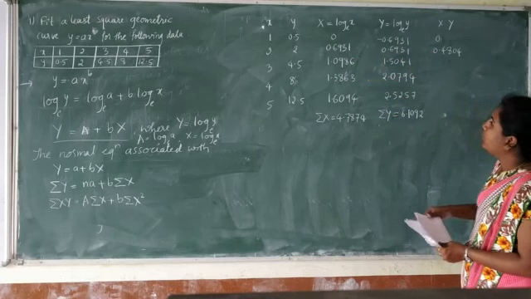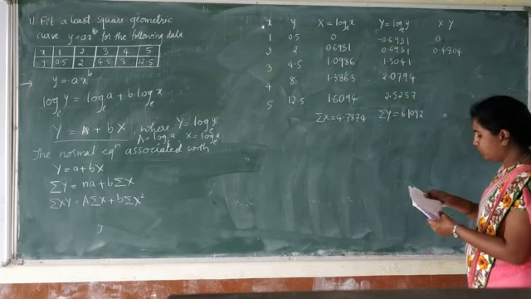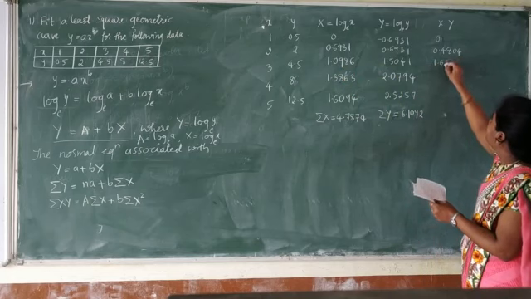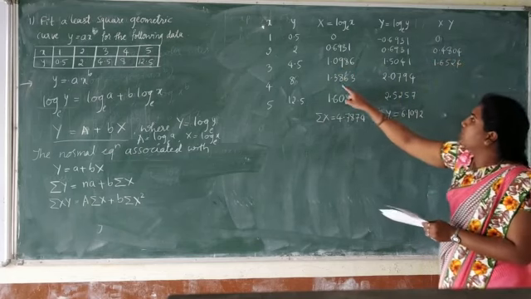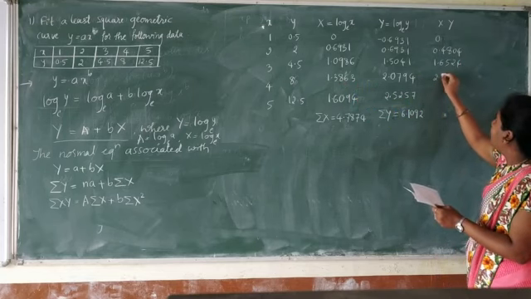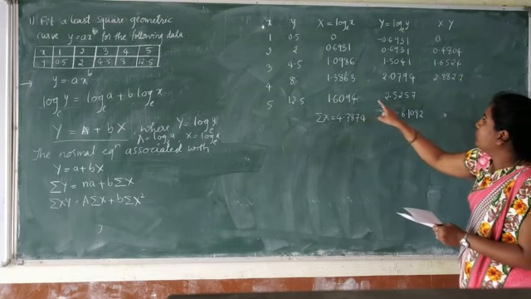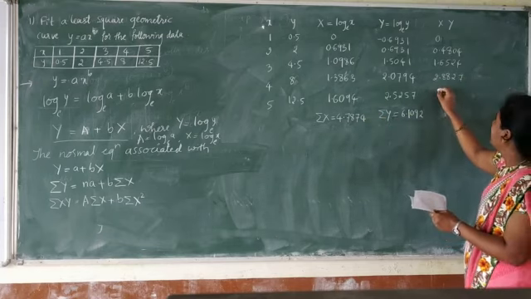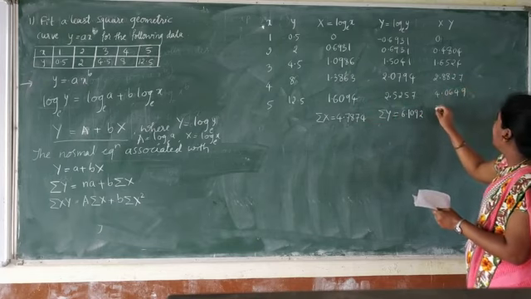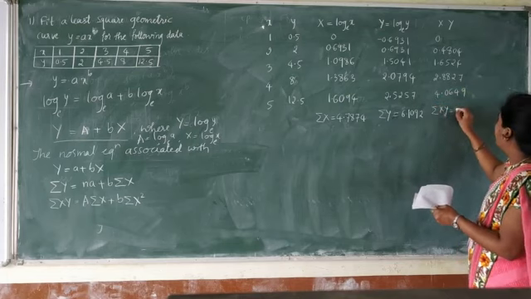Next, 1.0986 into 1.5041, here we are getting 1.6524. Next, 1.3863 into 2.0794, here we are getting 2.8827. Next, 1.6094 into 2.5257, here we are getting 4.0649. Next, the sum of all these values, that is sum of xy.